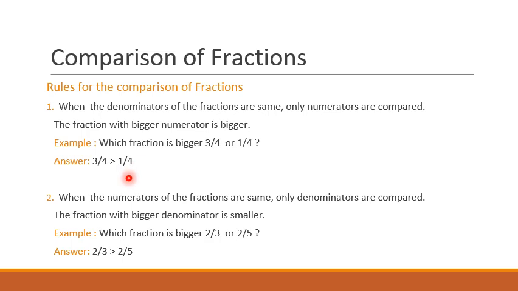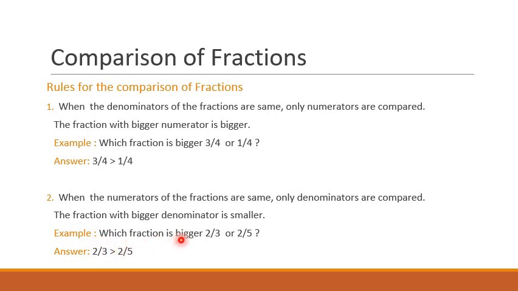Now let's see the next rule. When the numerators of the fractions are the same, then only denominators are compared. The fraction with the bigger denominator is smaller. So here it is the reverse case. If the denominator is bigger, then the fraction is smaller. Let's understand it with the help of an example.